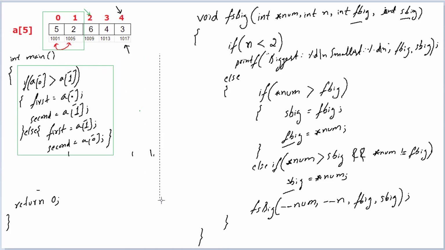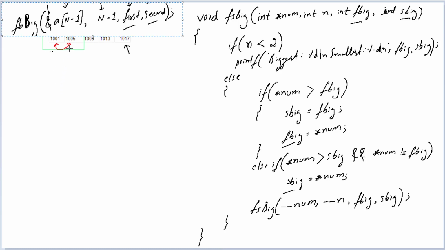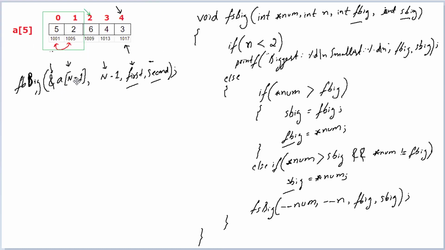So let me remove all these things. Hope you understood the main method logic here. I'm making space so that I could trace the values of star num, n, f big and s big and show the results to you.